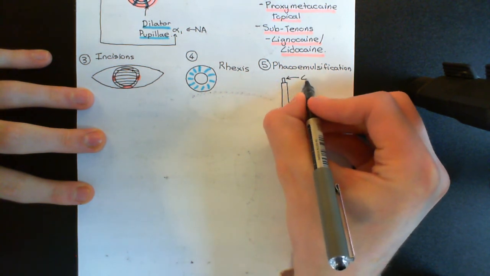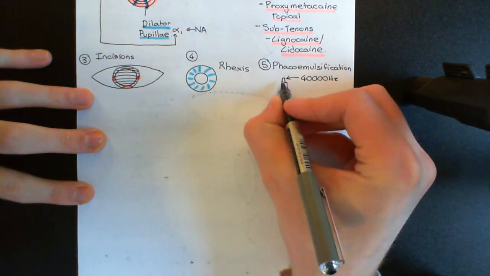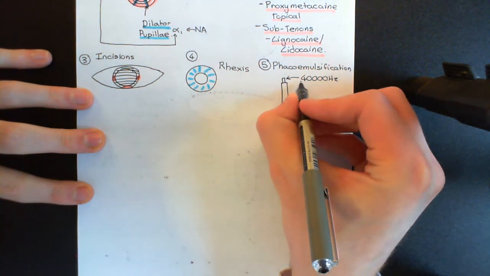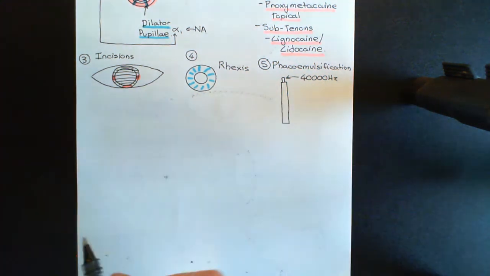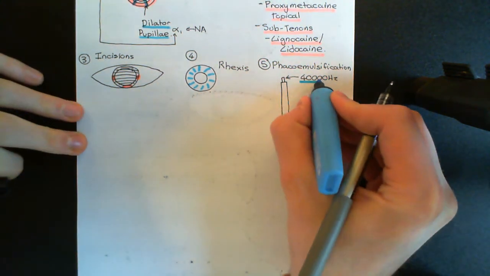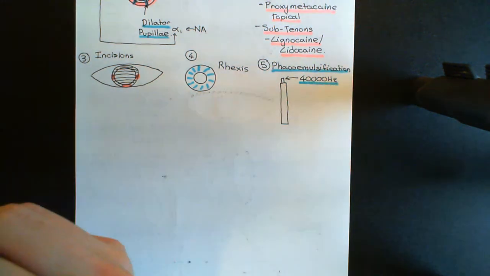So this is capable of oscillating at 40,000 Hertz. That means it's capable of oscillating backwards and forwards 40,000 times per second. So an incredible feat. So this is going to generate ultrasound waves then.